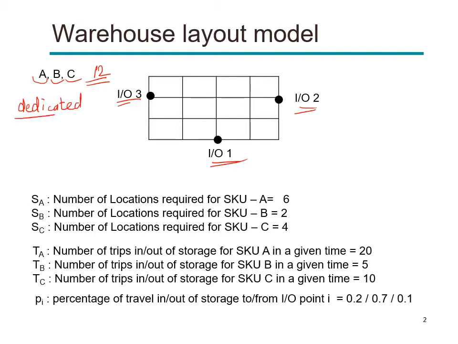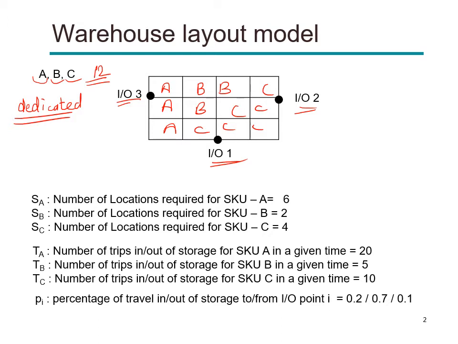So in this formulation, we are assuming that we are following the dedicated storage philosophy. What does it mean? It means this. We need to assign these products to these addresses. For example, let's say that these locations are allocated to item A, then let's say that these are allocated to B and the others are allocated to C.